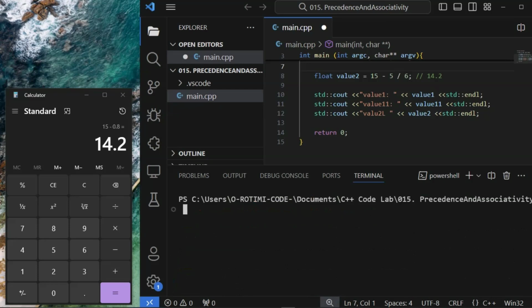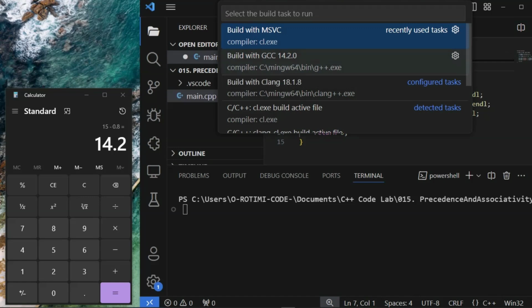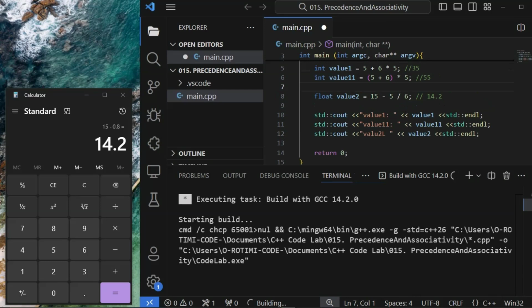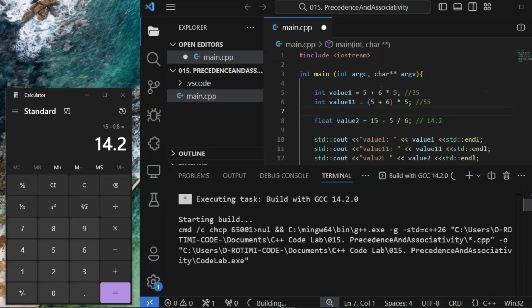So now let's try and run our binary again. I want to use GCC. I bet you this should give us exactly what we have here.